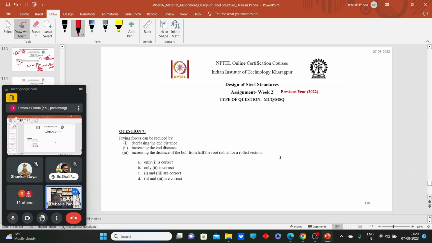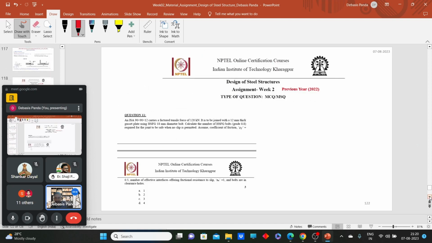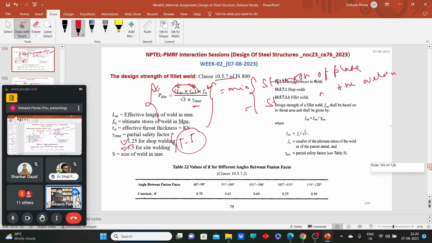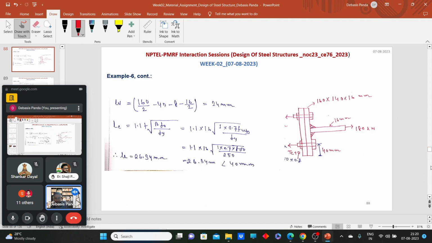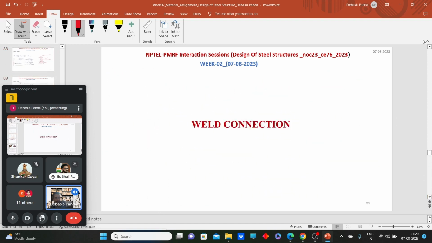Now prying force can be reduced by: decreasing the end distance, increasing the end distance, or increasing the distance of the bolt from the hub of the root. For this we need to understand this equation. Let's quickly go through the equation of high strength bolts so that we can understand which parameter we can reduce or increase.